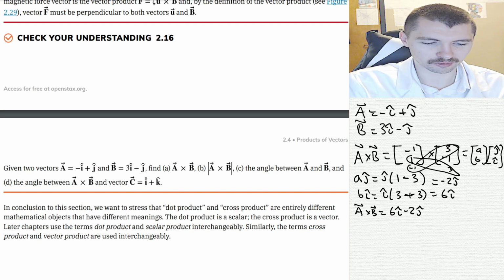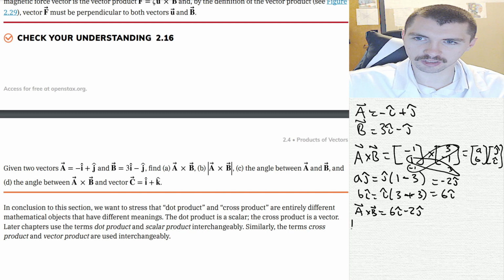Is the norm, the magnitude, denoted as two vertical lines? Yes, so the norm is the magnitude. So yeah, some people write it like this.